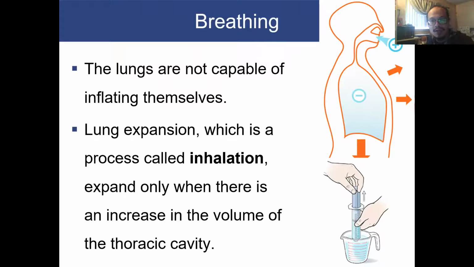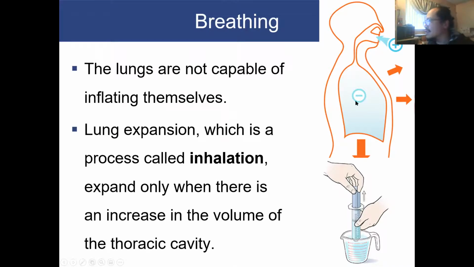It's because of the thoracic cavity. Here is the situation: the lung does not inflate itself. Lung expansion, called inhalation or breathing in, is done by moving the thoracic cavity.